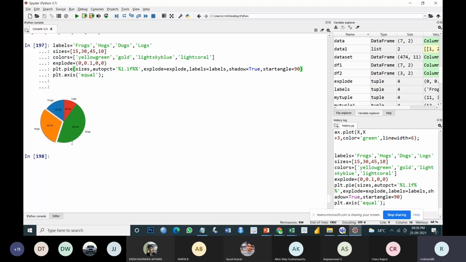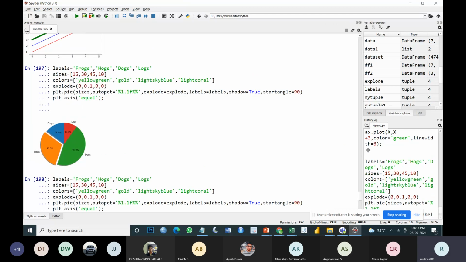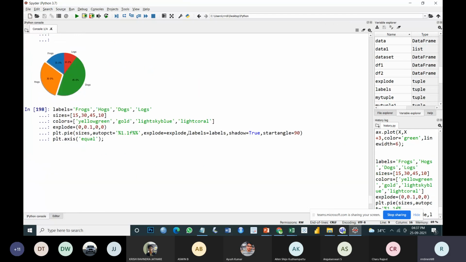At 90 degrees, the color is not coming properly. See, here frog should be yellow green, but a blue color is coming. Hogs should be gold, but it is orange. In that case, we need to pass the colors argument also. Then only the color prints in the result.